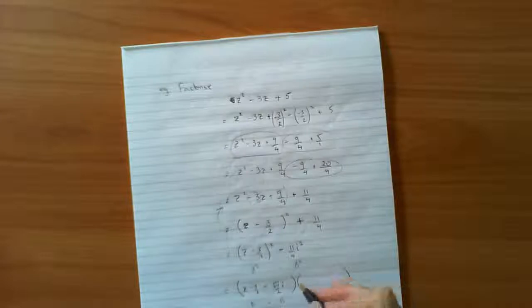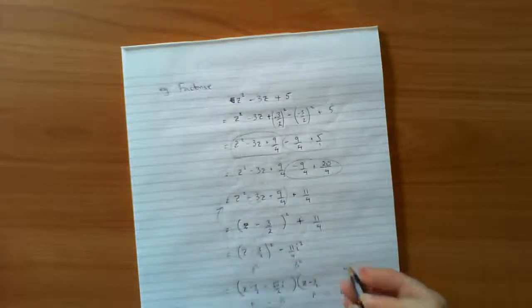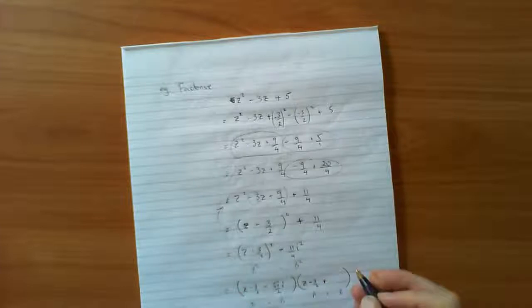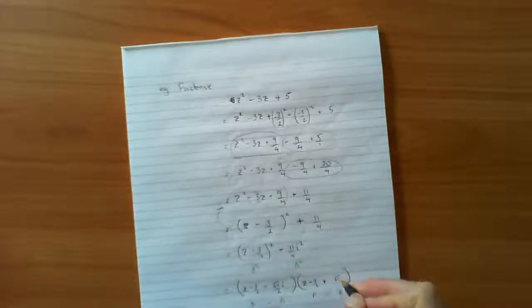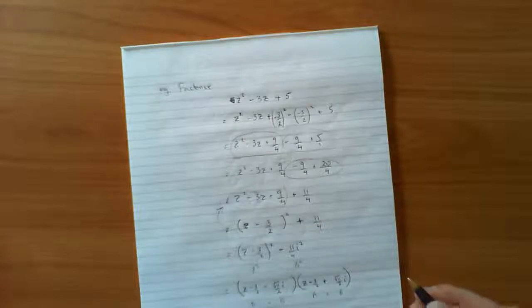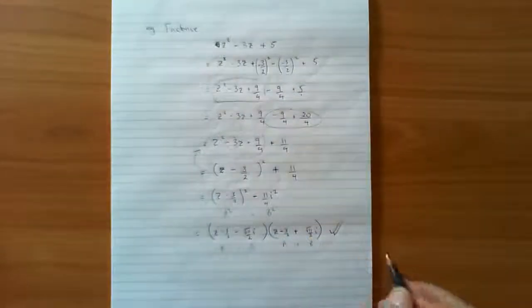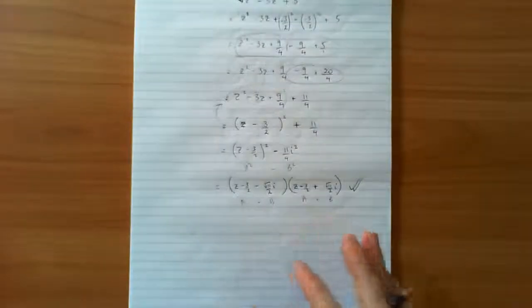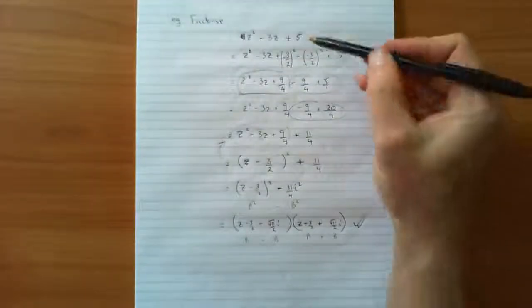So a minus b, then a, remember don't change that negative sign there, that's just part of the a, plus b, square root 11 over 2 i. And there we have fully factorized. We've fully factorized the original polynomial.